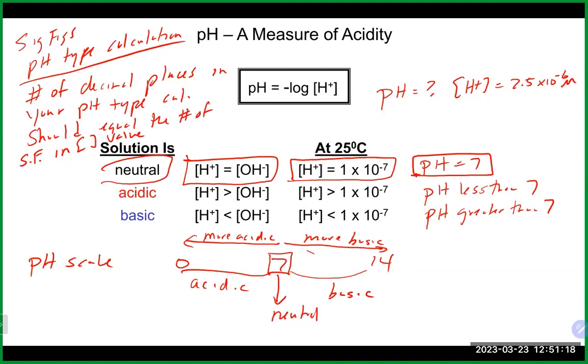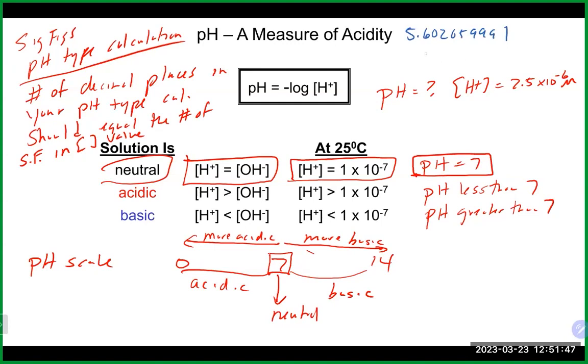Whichever way you're going, either negative log 2.5 exponent button negative 6, or the backwards way, 2.5 exponent button negative 6, log, and then the negative button, you should get on your calculator this number, 5.6020599991.